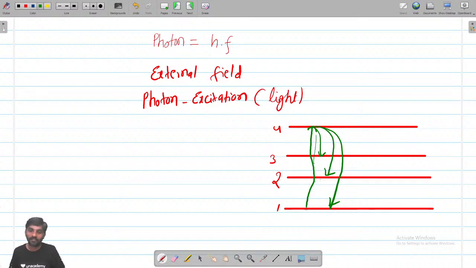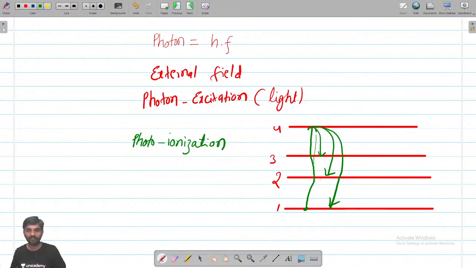Okay, if the electron gets energy from a photon, that light, external light, because of which the electron is completely detached out of the atom, then that is called photoionization. Let me repeat this point, very important, sir.